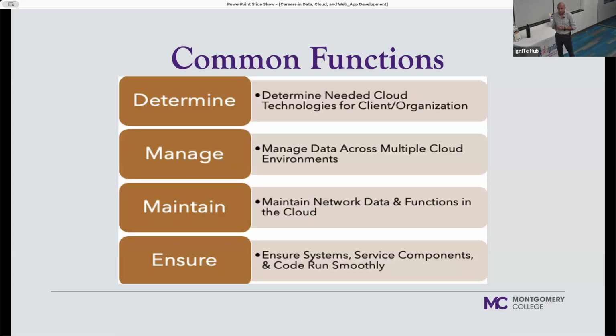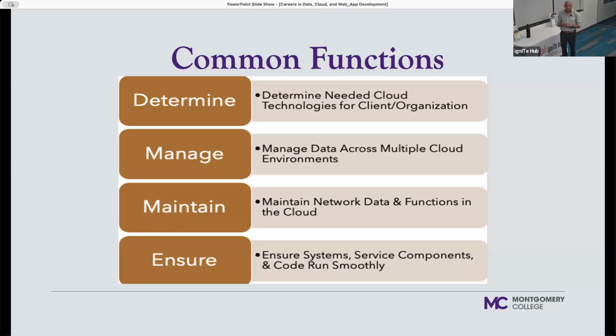Then you need to manage, because now your data is going to be in a lot of different places. Going back to the example, the storage servers and Exchange servers that we used to have, now we don't have those. That data is now on Microsoft's servers, and they can be in Texas, in Ireland, on the other side of the world, or in little pieces here and there.